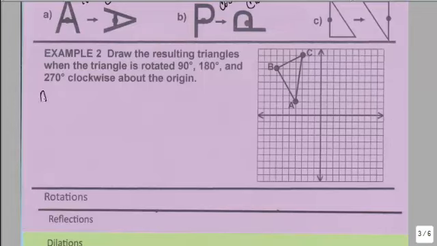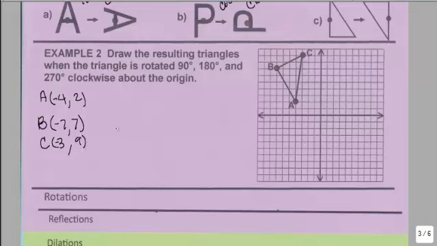Let's write down A, B, and C. A is negative 4, 2. B is negative 7, 7. And C is 3, negative 3.